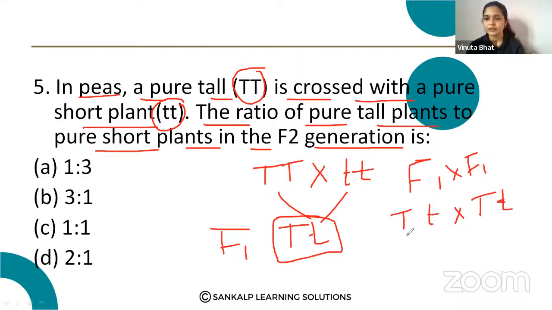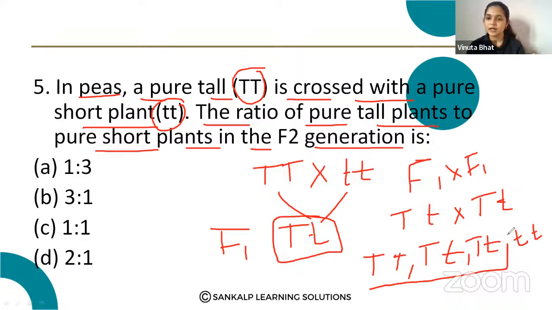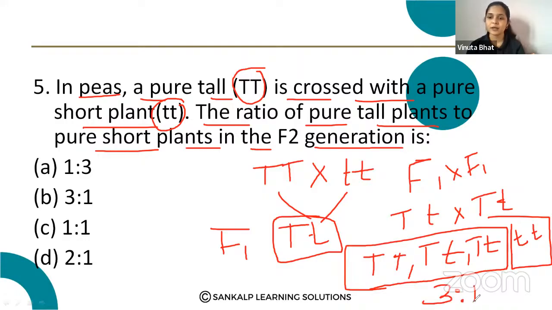So here in the F2 generation, capital T capital T, small t capital T, capital T small t, and small t small t. Here, this capital T represents the tall plants. So these three are tall plants and this is the short plant. What is the ratio in the F2 generation? That is 3:1. Tall plant and short plant ratio is 3:1. Option B is the correct answer.